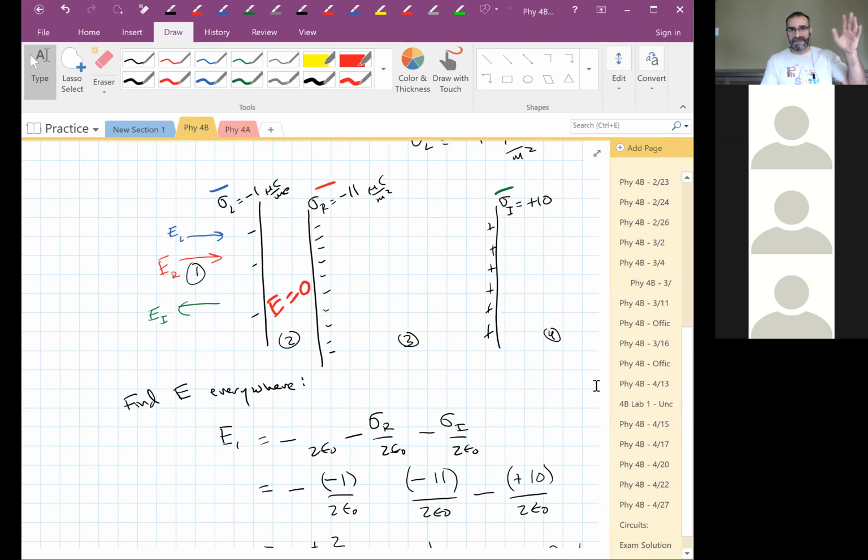So you know what sigma is on each face of conductive sheet 1 when it's all alone in space. You know what sigma is on each face of conductive sheet 2 when it's all alone in space. We bring them near each other. We want to know what are all the sigmas and what are all the electric fields. It's the same problem. You have 4 unknowns, so you need 4 equations, right? But it's the same equation. You get the equations the same exact way.